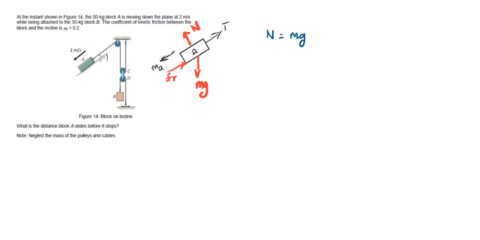Actually, this is a right angle triangle with sides 3, 4, 5. N is equal to mg times 4/5, or if you have the angle, you can just substitute in the angle. So we have V naught equal to 2 meters per second.